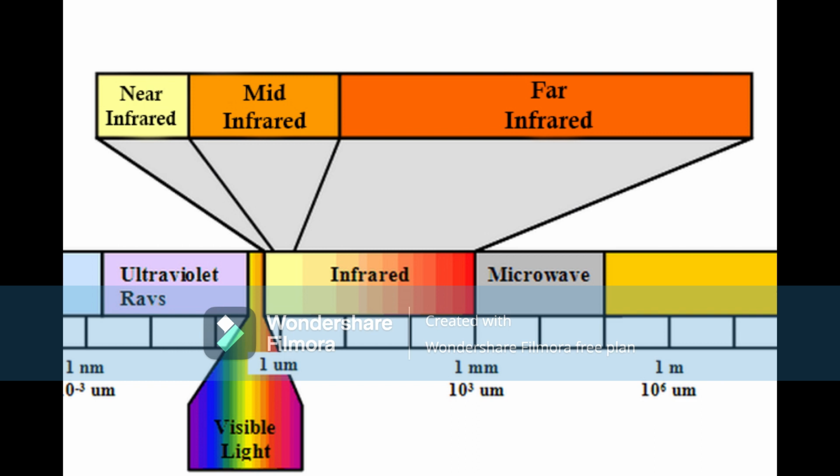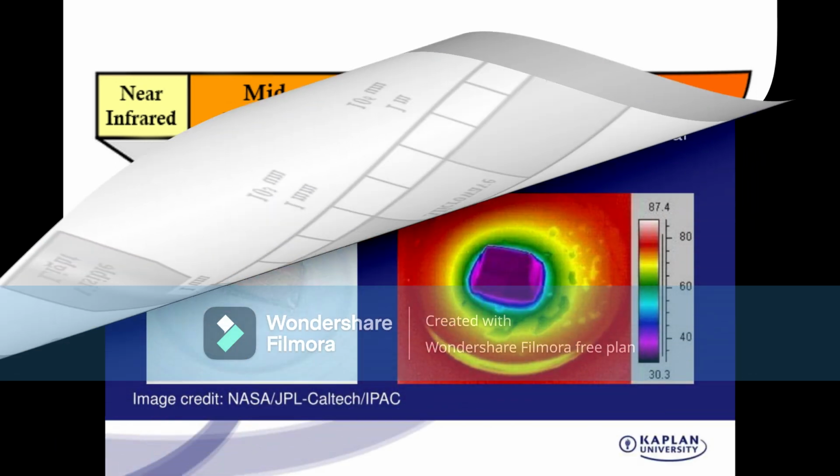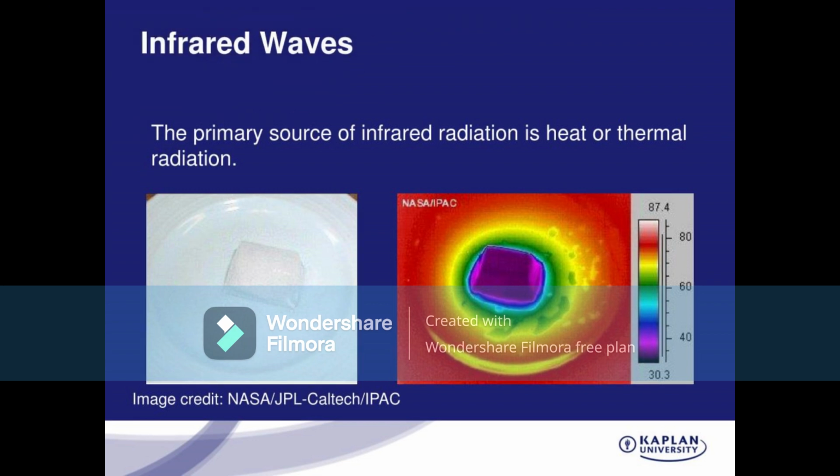The infrared region is divided into near, mid, and far infrared. Near infrared refers to the part of the infrared spectrum that is closest to visible light, and far infrared refers to the part that is closer to the microwave region. Mid-infrared is the region between these two.